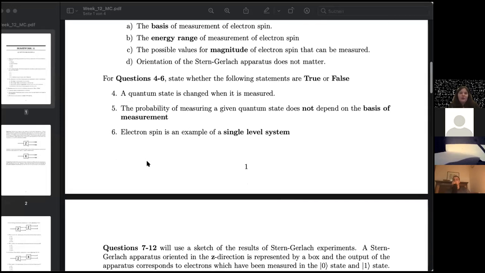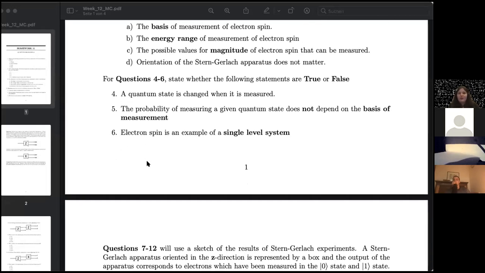And the sixth one: electron spin is an example of a single level system. So what is a single level system, or what is the opposite, for example, a 2 or a 3 level system? A 2 level system means you can put your state in two different ways.